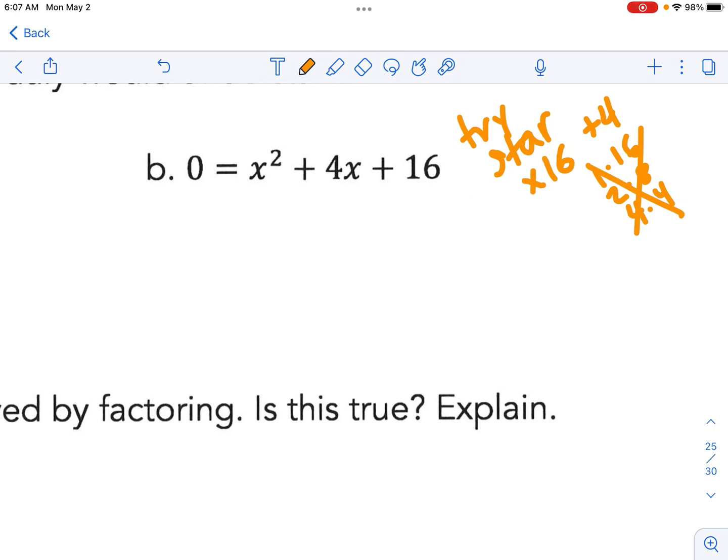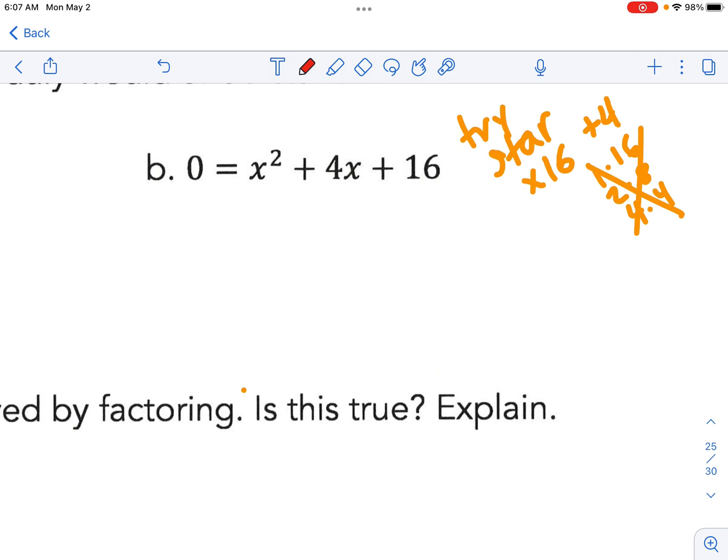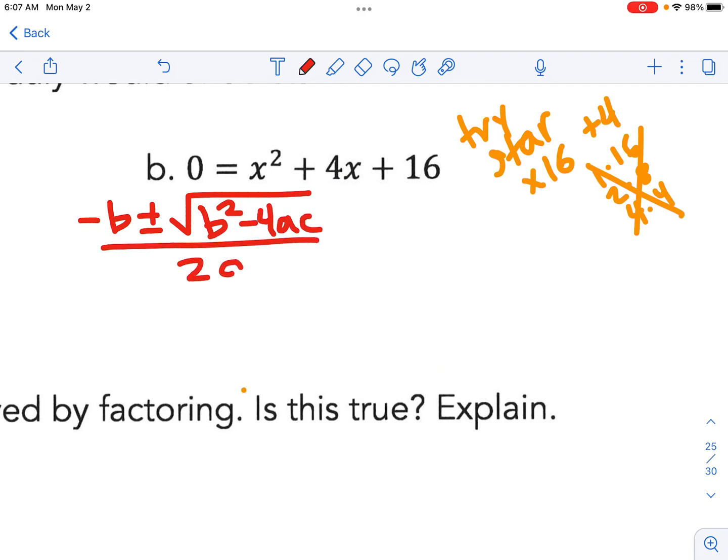So the next easiest thing to do would be to use the quadratic formula. So we could use, there we go, where we do opposite of b plus or minus the square root of b squared minus 4 times a times c all over 2a.